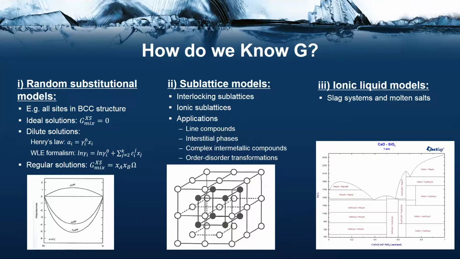This means that these phases have complex changes in Gibbs free energy with composition, whereafter simple mixture models for ionic liquids have not been successful. Four commonly used models to account for the thermodynamic behavior of ionic liquids are the cellular models, the modified quasi-chemical models, the sublattice models, and the associated solution models. These four models will not be covered in this introductory lecture. If you're interested, you can find information in scientific journals or in CALPHAD literature.